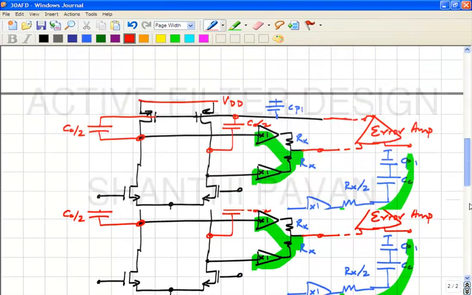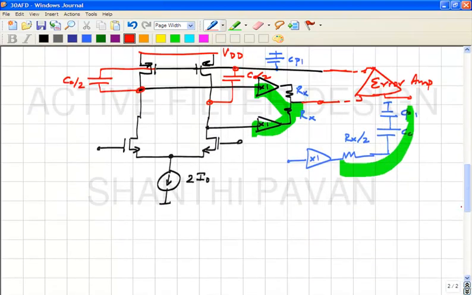So very often you will find people getting rid of the tail current source. You understand? If you want to get a differential current, there's no particular need to have the tail current source.